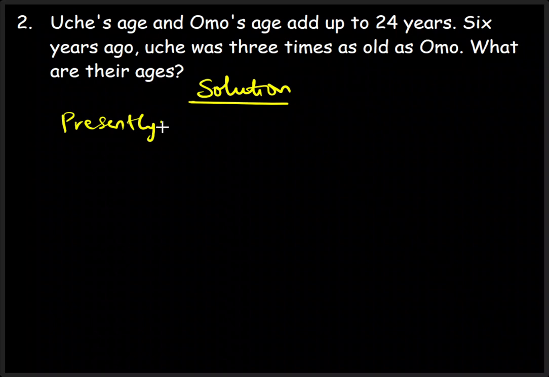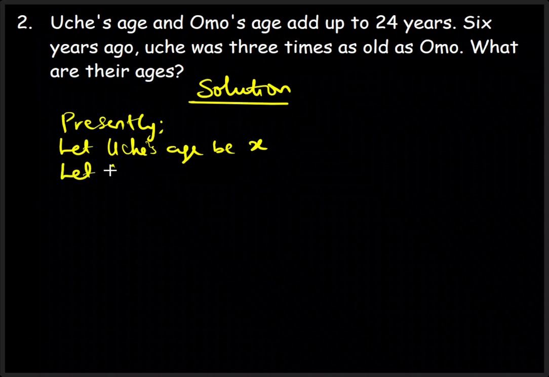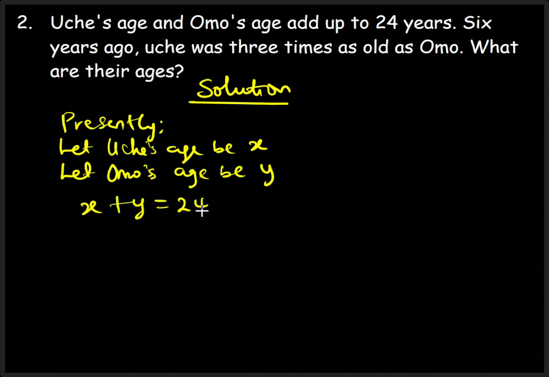So presently, what do we have? Let Uche's age be x, and let Omo's age be y. So we have that x plus y is equal to 24.